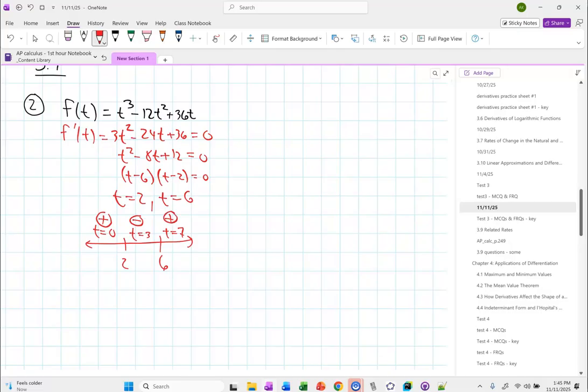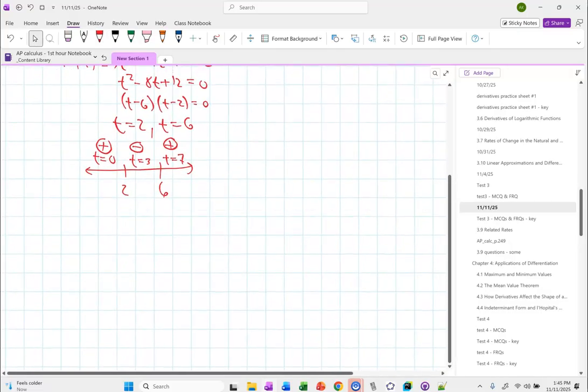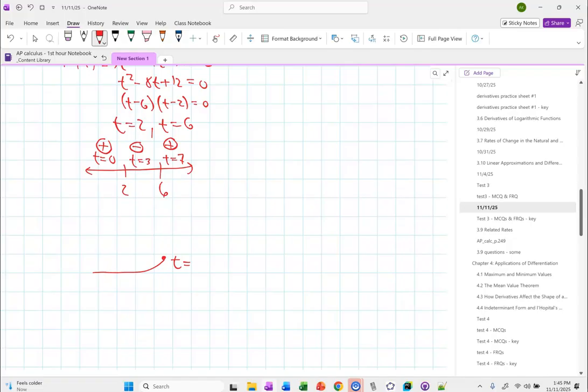So my diagram goes forward up to t equals 2, where we change and go backwards until t equals 6, and we change and go forward again. That's all I'm drawing.